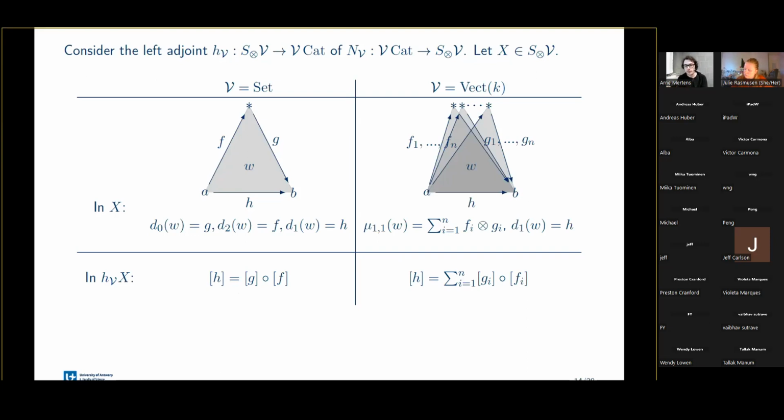In this case, we don't have these outer face maps anymore. They are replaced by this comultiplication map. And we can express this property by saying that mu_{1,1} of W, which is our two-simplex here, is equal to this full tensor, like a sum of pure tensors. And the bottom map, we still have inner faces, so this we can express in the same way.